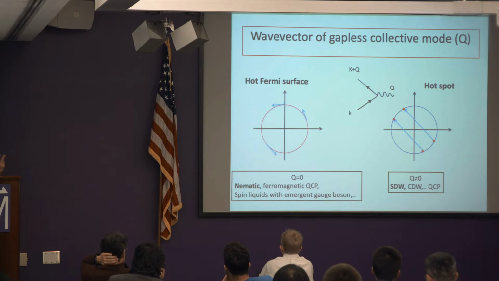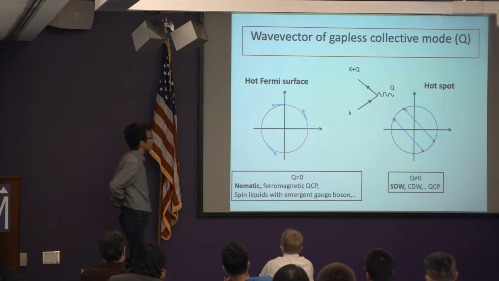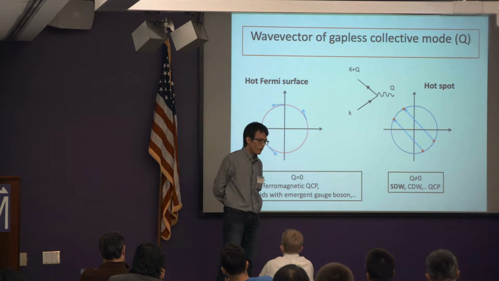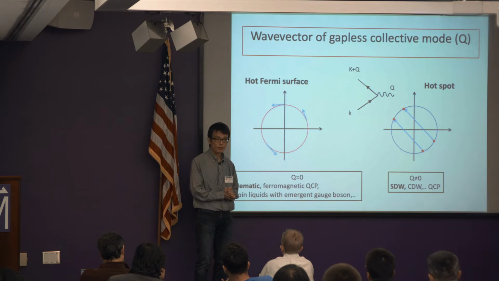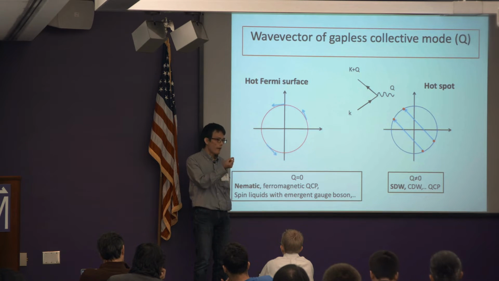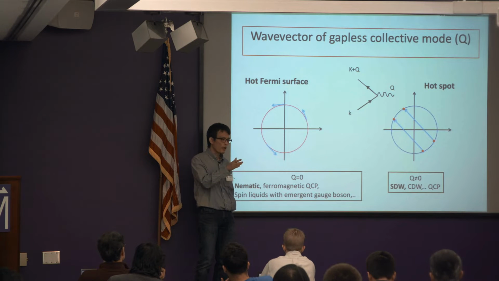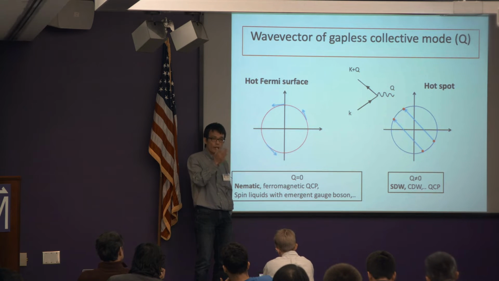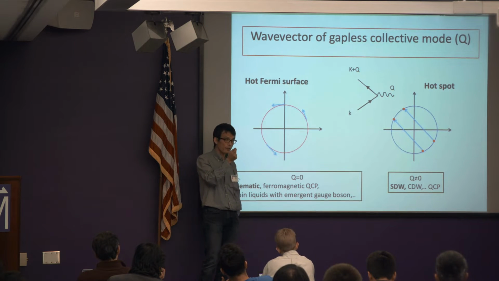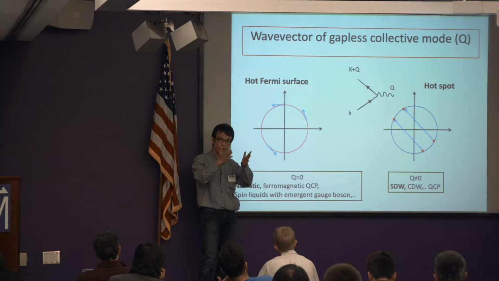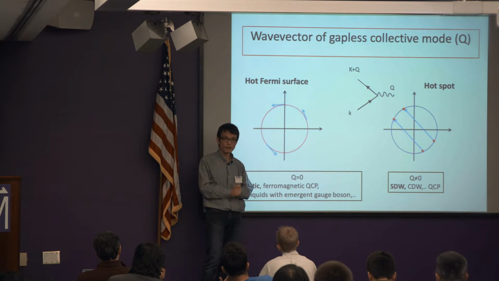And then the second factor is the wave vector associated with the spontaneous symmetry breaking. At the critical point, the collective mode becomes soft at that wave vector because it is that wave vector where the order parameter condenses on the ordered side, right?